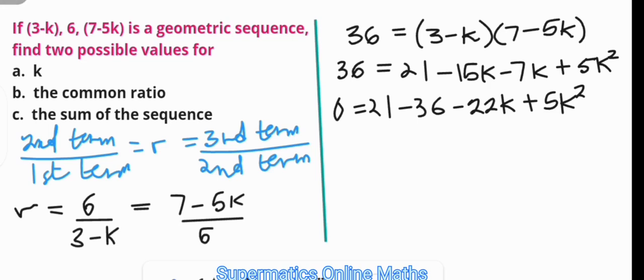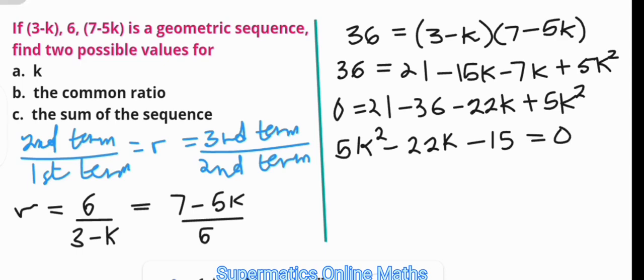And this we try to rearrange, starting with the highest power in k, that's 5k squared, minus 22k, minus 15 for 21 minus 36, and that's equal to 0.